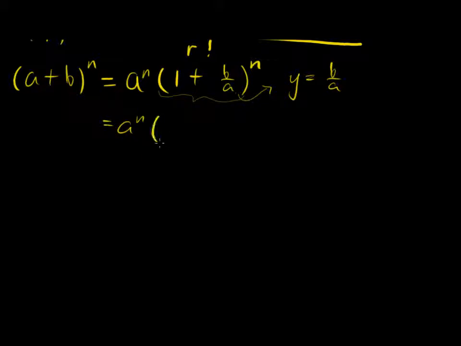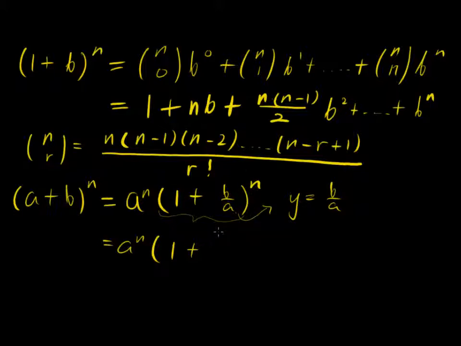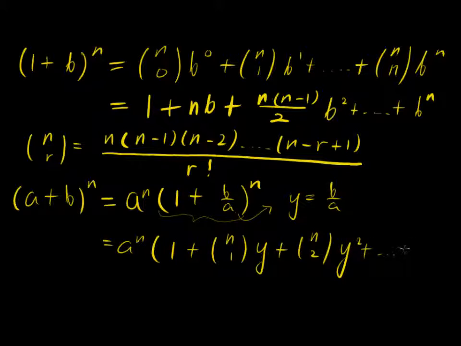Alright, so let's just do it. a to the power of n multiplied by 1 plus, so we can refer back to the formula here, let's just write in the bracket first, and there's a reason for that. Then this is nC1 y plus nC2 y to the power of 2 plus all the way down to y to the power of n.